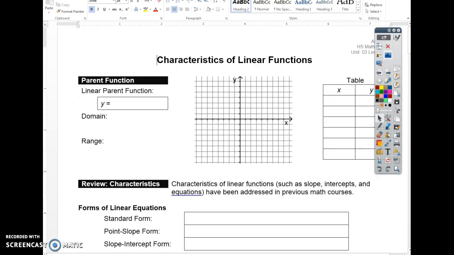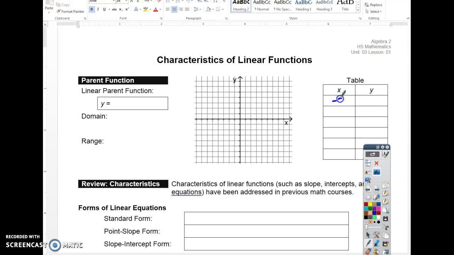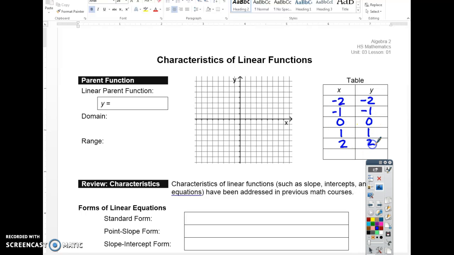Okay, so on the table, we're going to put negative 2 gives me negative 2, negative 1 gives me negative 1, 0 gives me 0, 1 gives me 1, 2 gives me 2, and if I was to pick any other number, 3 gives me 3.